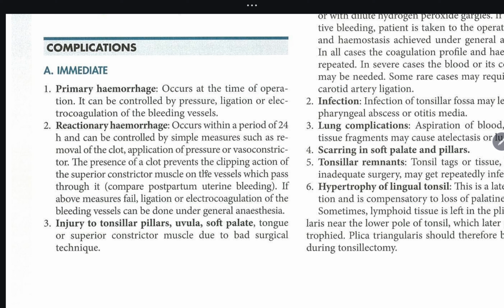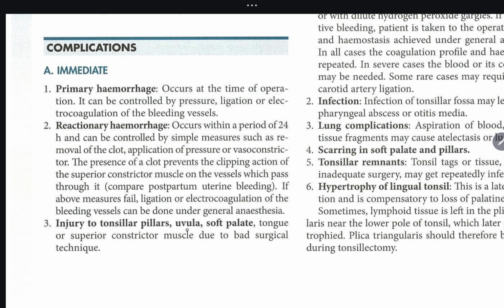The presence of a clot prevents the clipping action of the superior constrictor muscle on the vessels which pass through it. Compare postpartum uterine bleeding. If above measures fail, ligation or electrocoagulation of the bleeding vessel can be done under general anesthesia.